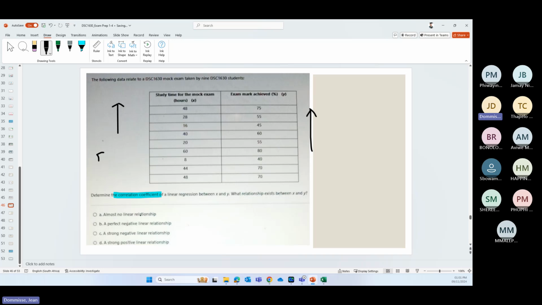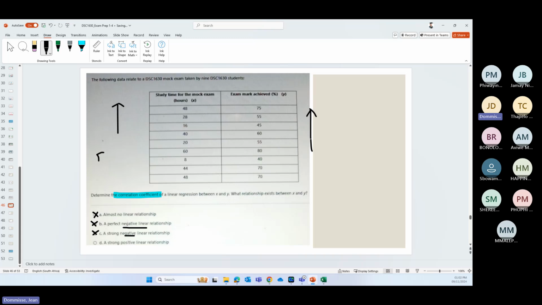Almost no linear relationship, not correct. A perfect negative linear relationship, no, because we've seen as X goes up, Y goes up. A strong negative relationship, no, because it is positive. As the one goes up, the other one goes up, so there's no negative relationship.